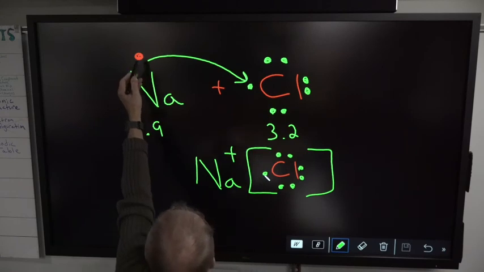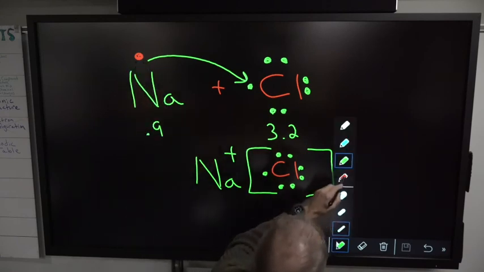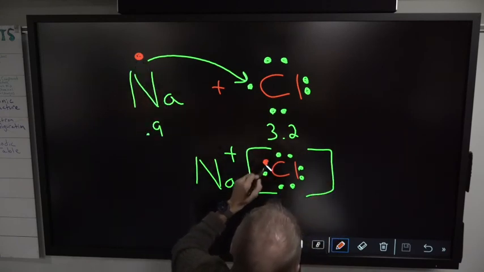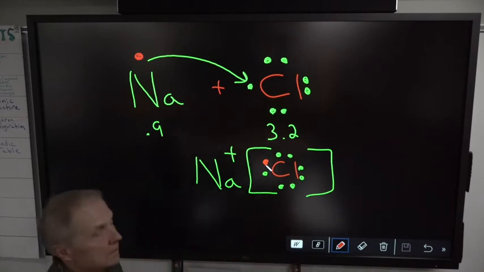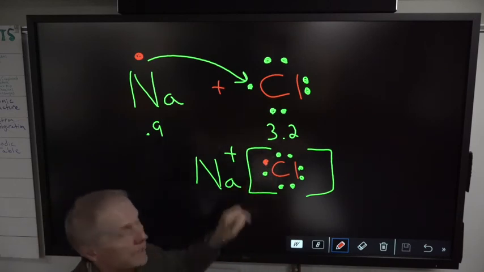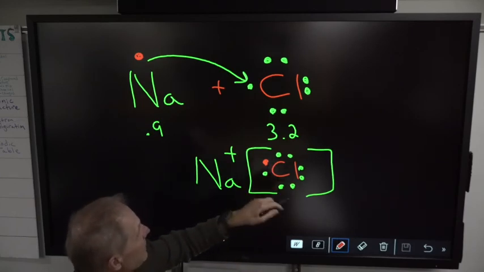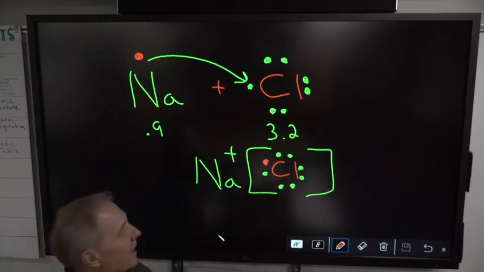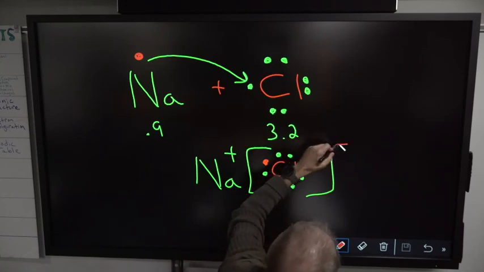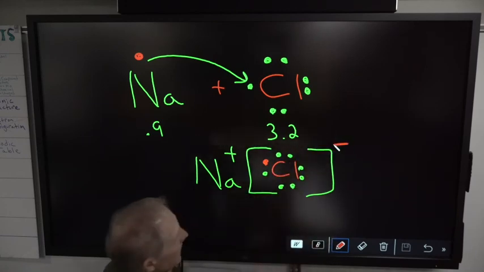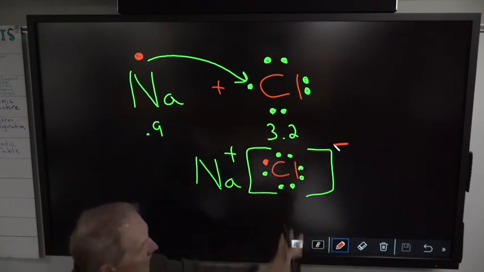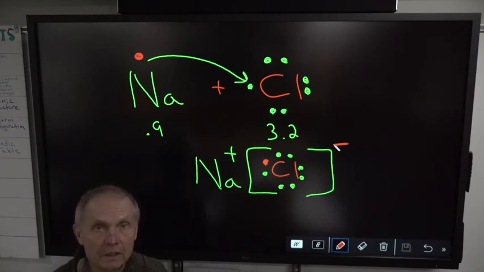Then I'm going to show that electron from sodium right there. 8. So now chlorine has a stable octet, which means 8 valence electrons around it, but since it gained an electron, it's negative. So that's what it looks like. This is the electron dot for sodium chloride.